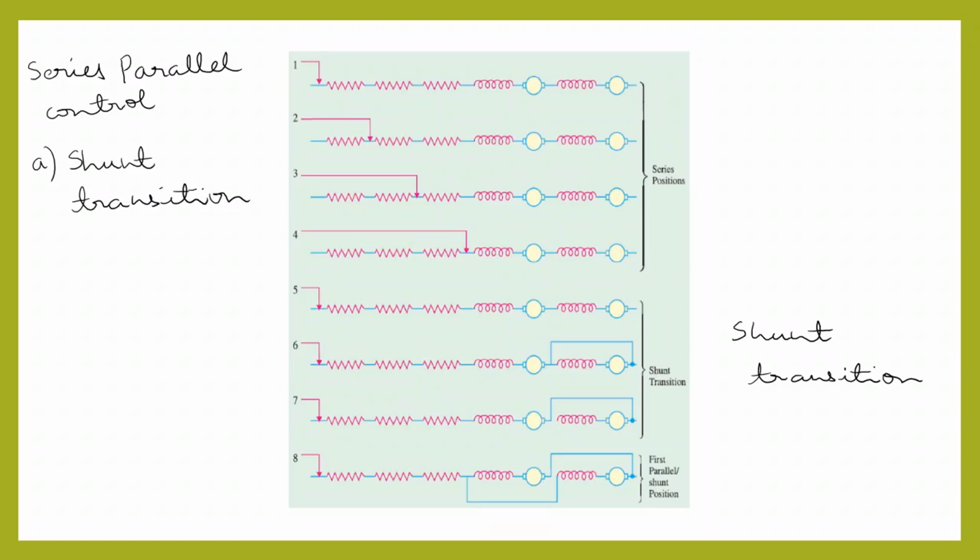In step 8, the motor terminal which was disconnected from the supply is connected to the other motor terminal, making the two motors in parallel connection. So it gives us the first parallel position of motors, and later on the resistance will be gradually cut out in steps and the motors will be in full parallel position. This method is known as the shunt transition method.